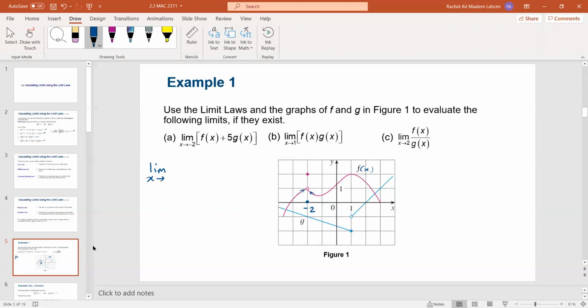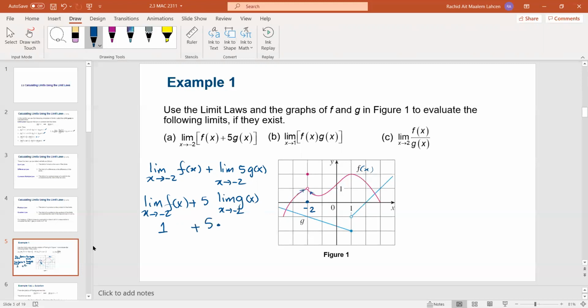So this will be the limit of f of x plus the limit of g of x, using the rules. And the second one can be 5 times the limit of g of x, if you apply the properties and bring this one down. And so it's just a matter of finding what these limits are. For the first one, it is 1 from the graph.